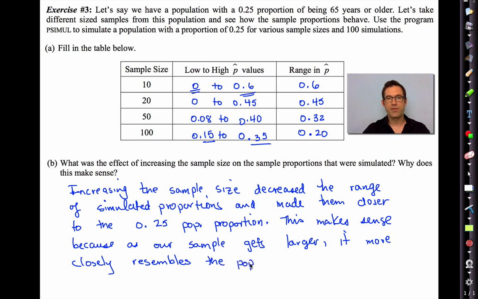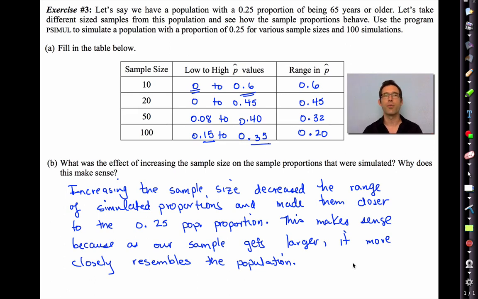Or maybe I should say there's a greater chance that it will resemble the population. Right, if I have a sample size of only 10, even with complete randomization, I could still randomly pick a sample where the p-hat value is very different than the p value for the overall population.